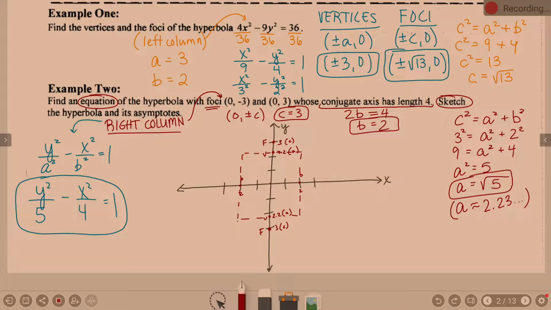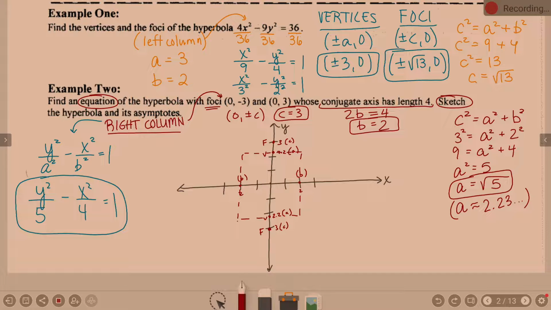So I use my A values and my B values to create a box. Are we okay with the box?